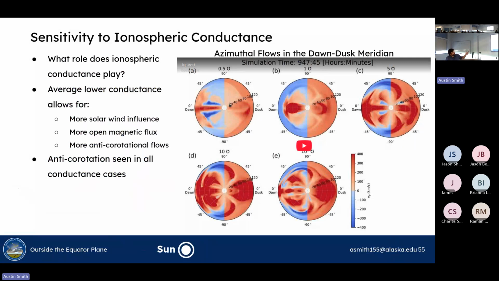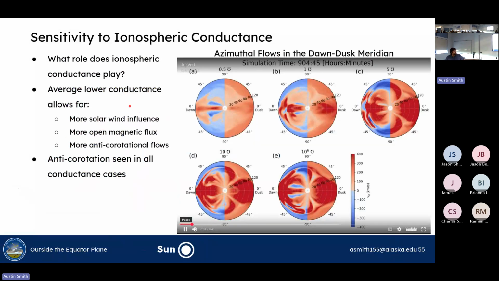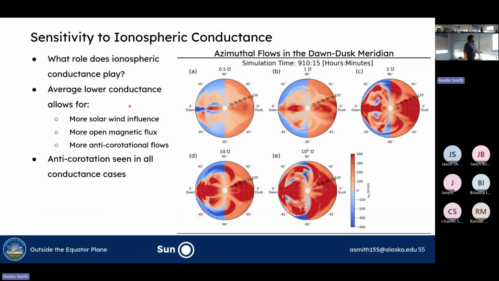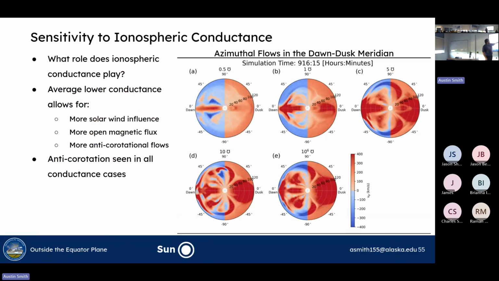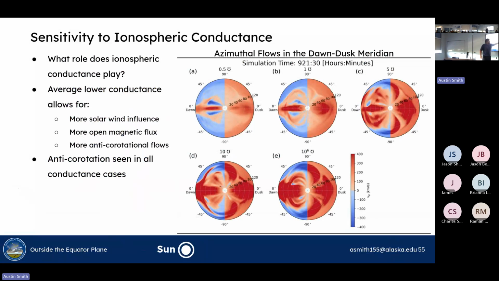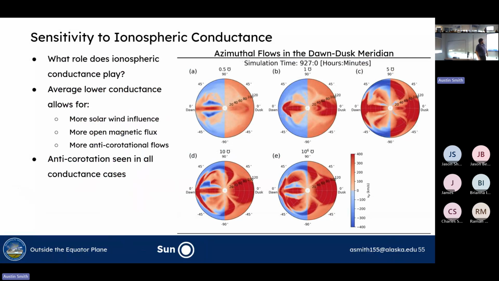So here, looking at the sensitivity to the ionospheric conductance. Because the laser pointer doesn't work on the video, this is the lowest conductance case, the 0.5, 1, 5, the high conductance cases.